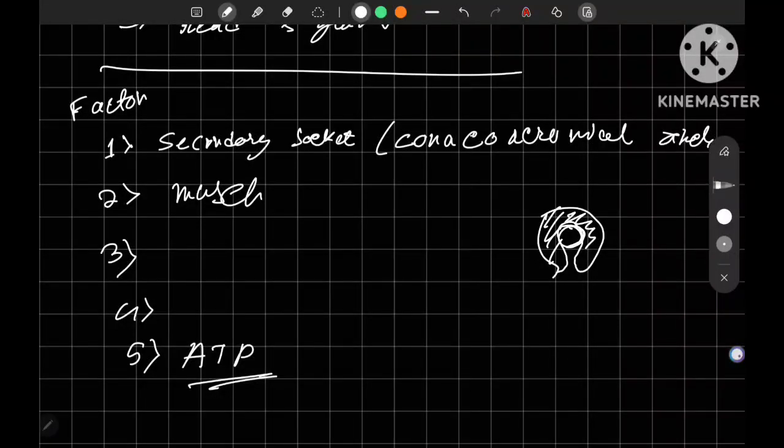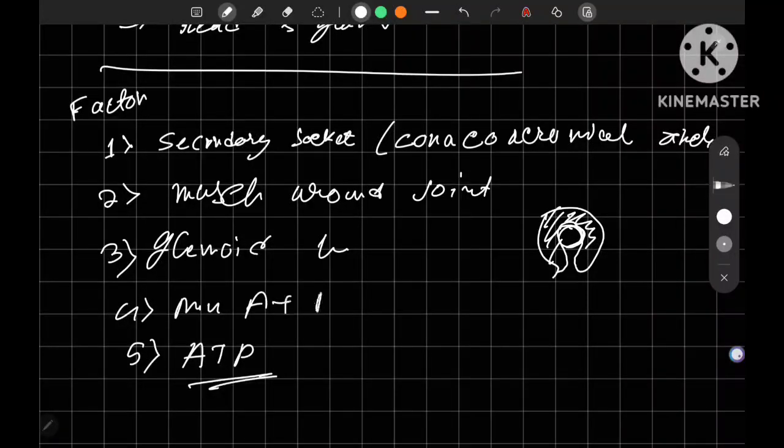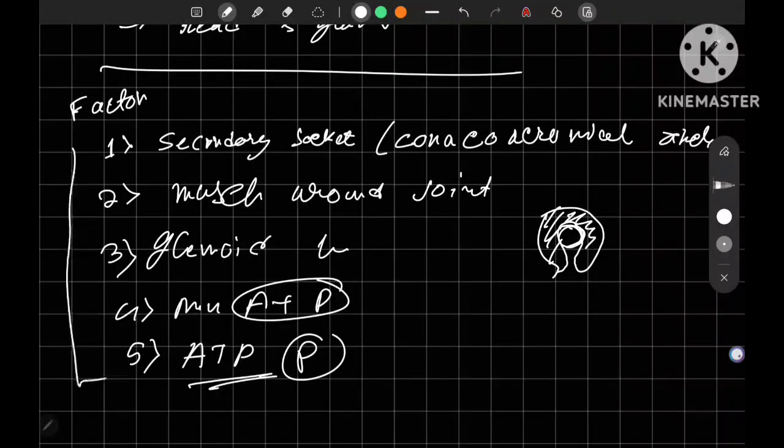So the secondary socket, the muscles around the joint, the glenoid labrum, the anterior and posterior muscles, and also atmospheric pressure, all of these stabilize the shoulder joint.